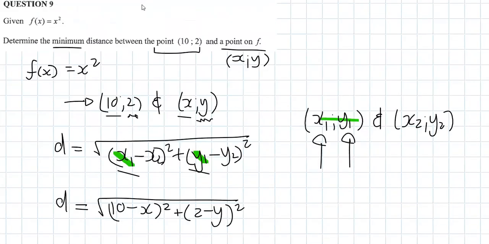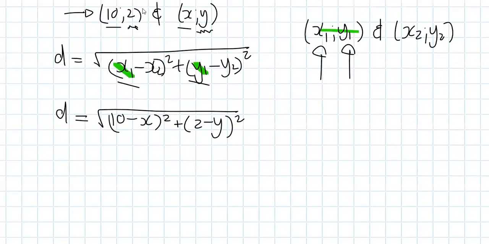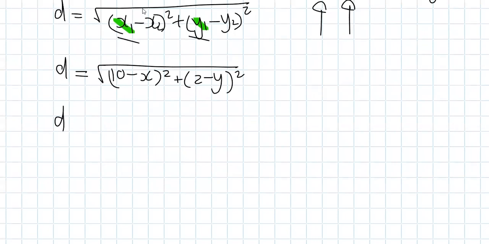Now, I know we're working with maximum and minimum, so I don't really want the square root in my answer. So I just square both sides to get rid of that square root. I end up with d squared. Then we can expand this out. It's 10 times 10, 100.